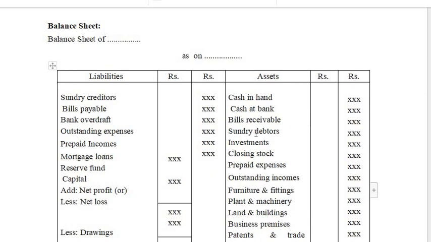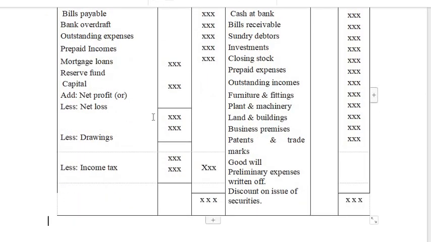Along with the capital you have to add the result. If the result is net profit, you have to add it. If you have a net loss, then you have to subtract it from your capital.